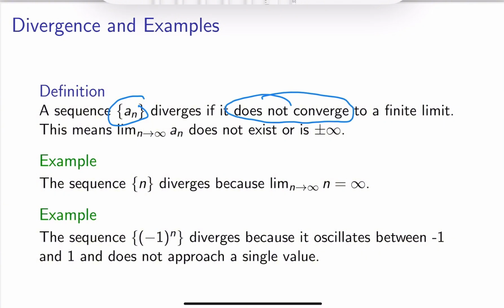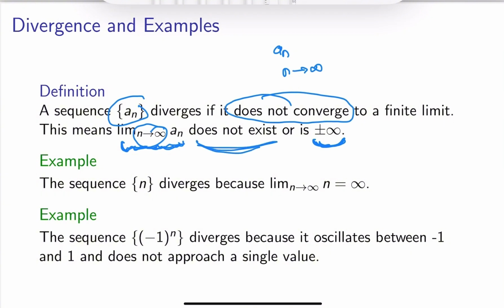We're going to make this more rigorous, but when you consider the sequence and send n to infinity, trying to tell what's happening for big n, you either get infinity, or you get that the limit does not exist.